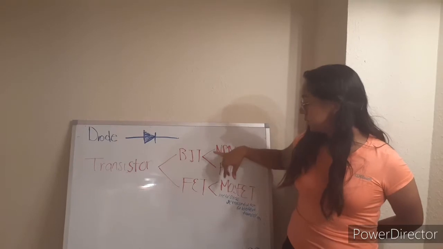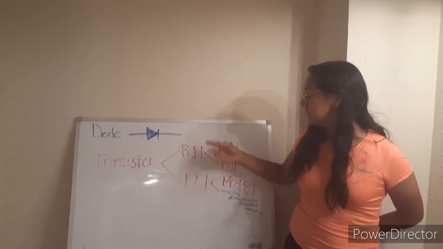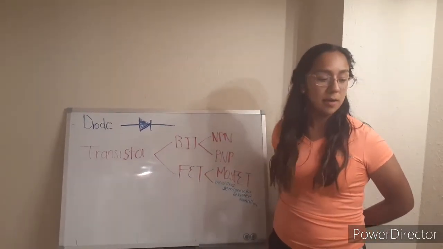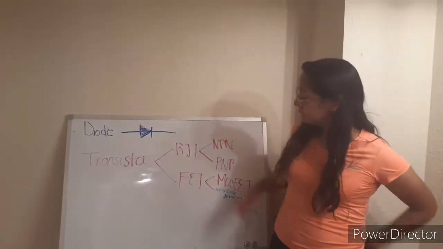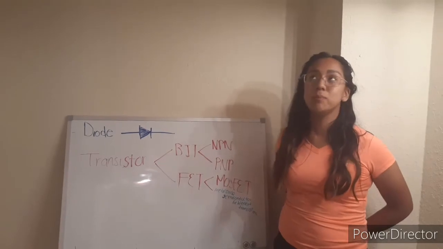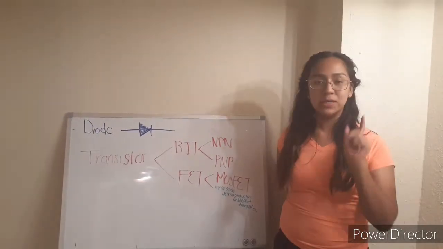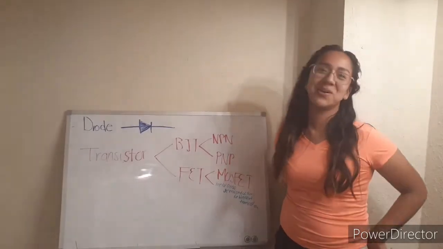The main difference between the BJT and the FET is that the BJT uses both electrons and holes as charge carriers, while the FET, a unipolar transistor, only uses one kind of charge carrier.